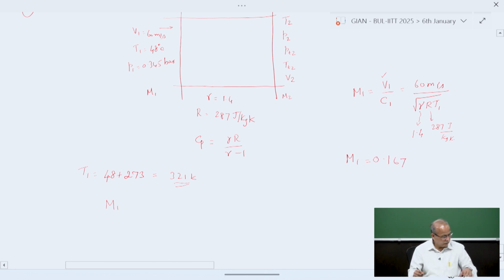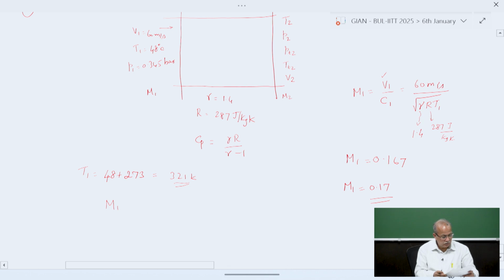0.167. When you have the value, it's only for two decimal accuracy here, so shall we say M1 is equal to 0.17? Yeah.